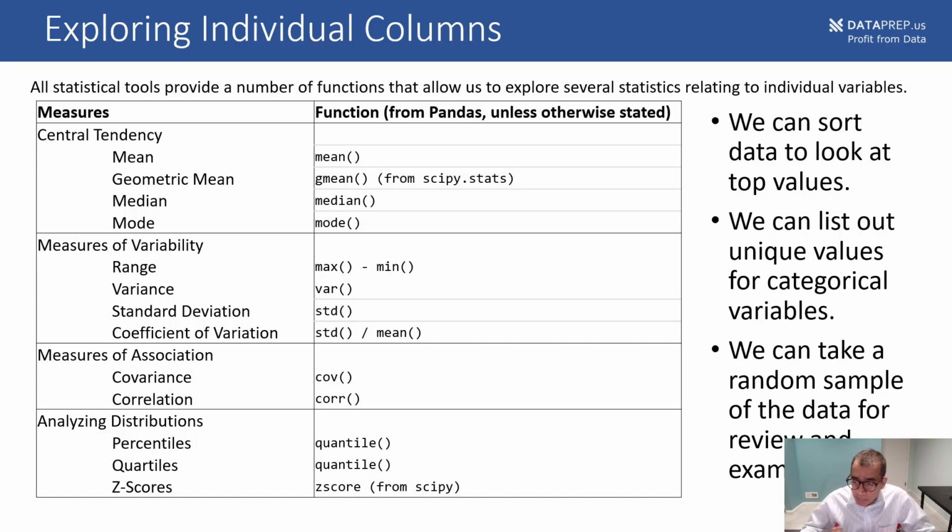We can also, as part of our exploration, sort the data to look at the top values. We can list out the unique values for our categorical variables. And we can take a random sample of the data for review and examination as well, just like we did before.